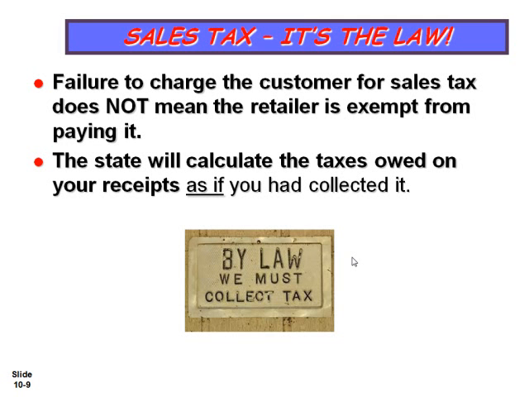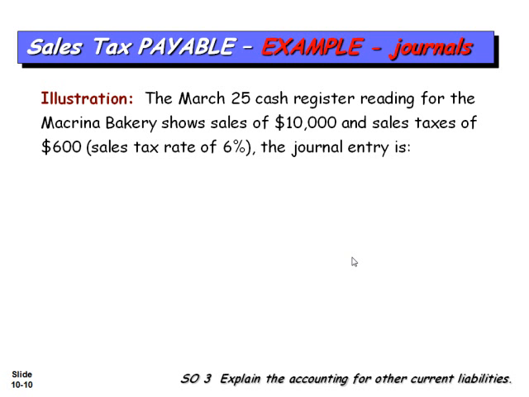If you fail to charge the customer for sales tax, so you charge $10, the customer pays $10, you, the retailer, are still liable for the sales tax. They will assume that the $10 includes sales tax and charge you for it. So be careful of that.